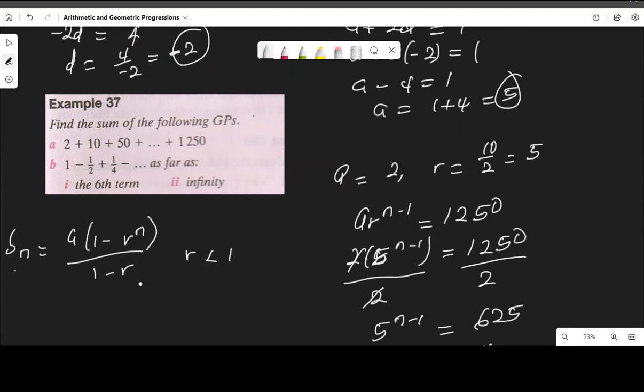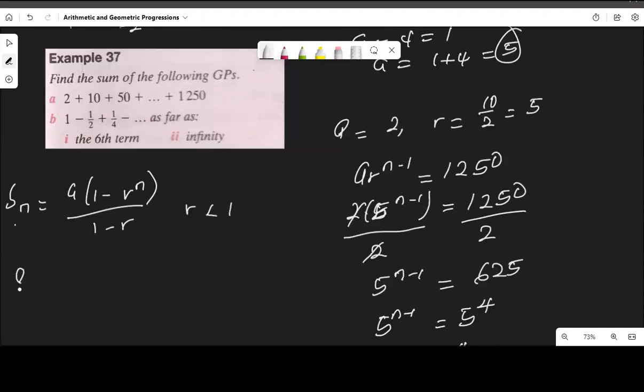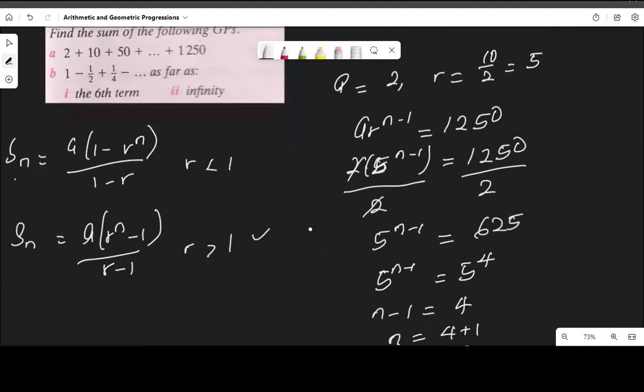On the other hand, if R is greater than 1, the formula becomes A multiplied by R to the power of n minus 1, over R minus 1. This is for R greater than 1. So in our question, R is greater than 1 since R is 5. We are going to use this formula to find the sum of this sequence.